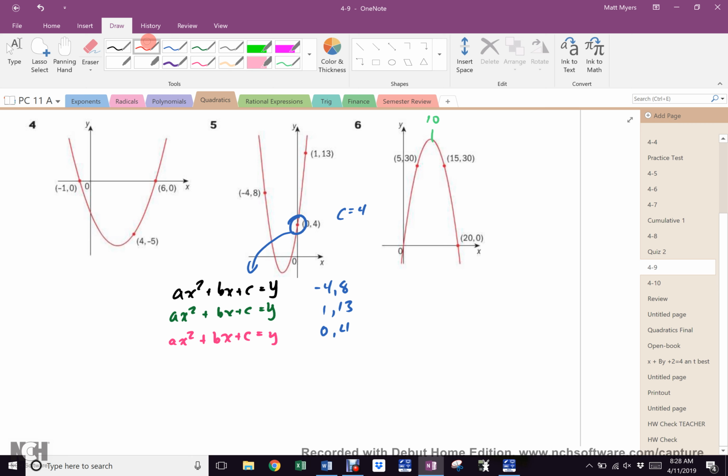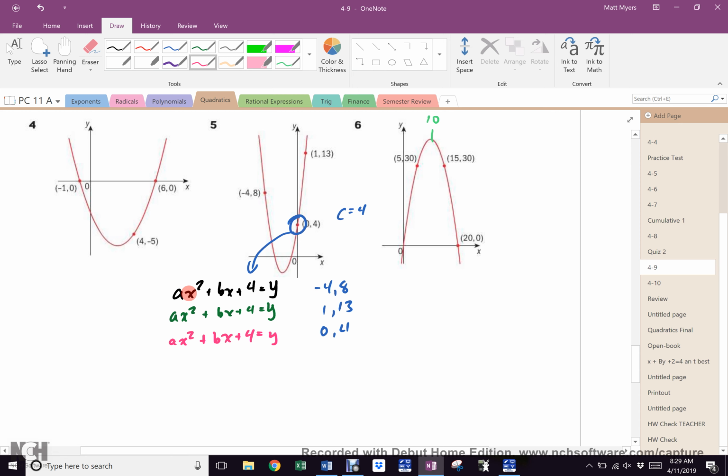So now what I really have is 4, 4, and 4, correct? Now, what can go in for these x's? Any of these x's, right?